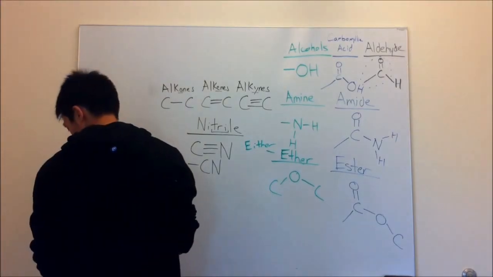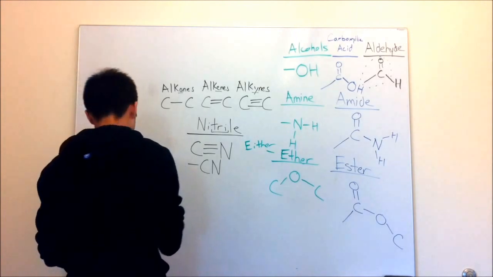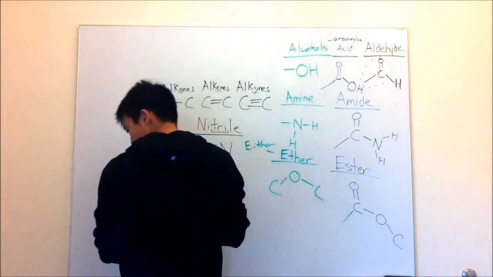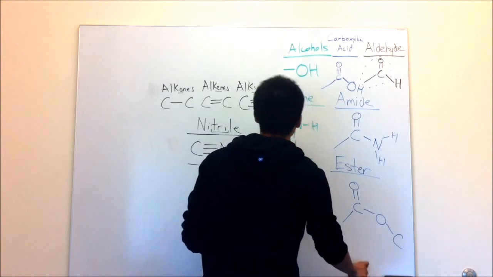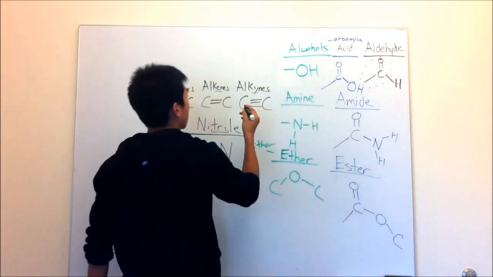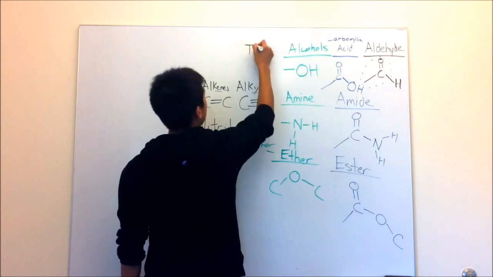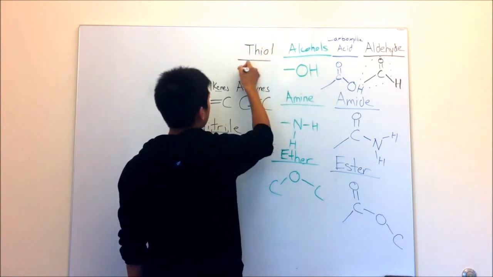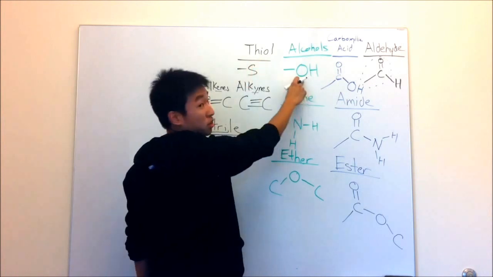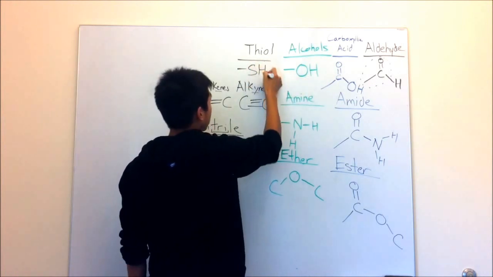Let's see, what else am I missing? And then there is thiols. So thiols are basically the same thing as alcohols, but you have a sulfur instead of the oxygen atom.